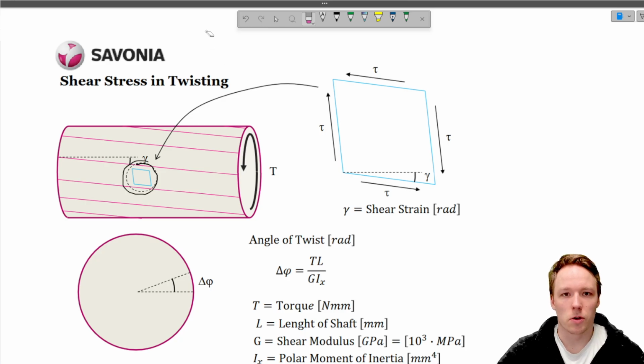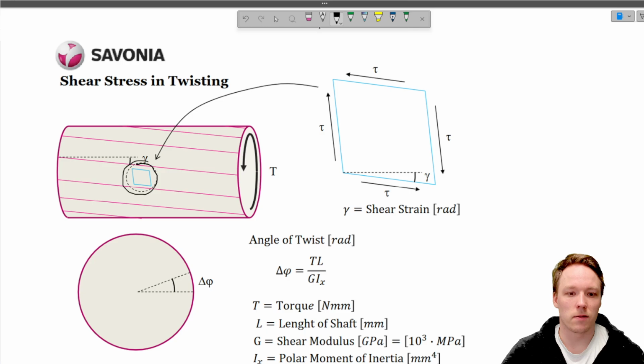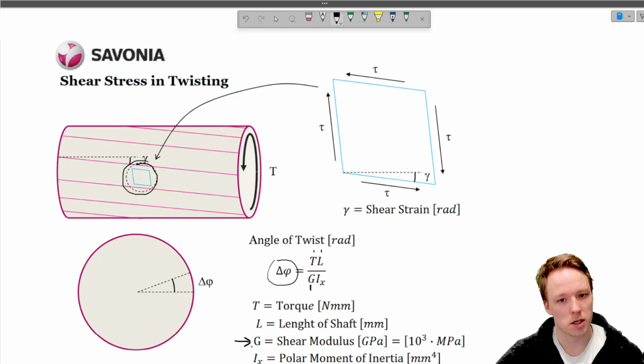Okay, so how do we calculate the shear stress and the change of the angle in pure twisting torque? In order to calculate the change of the angle, we need to know the torque T, the length of the material L, and G, which is the shear modulus, a material parameter just like Young's modulus.